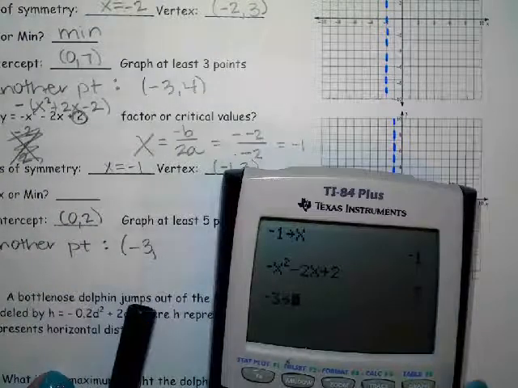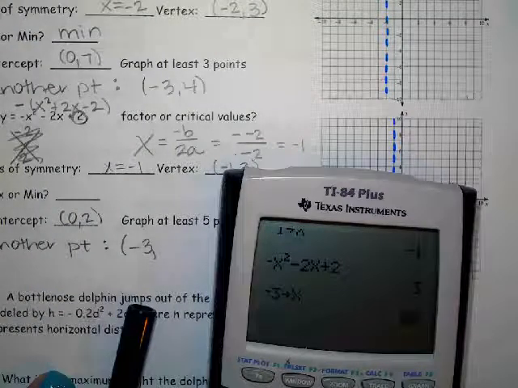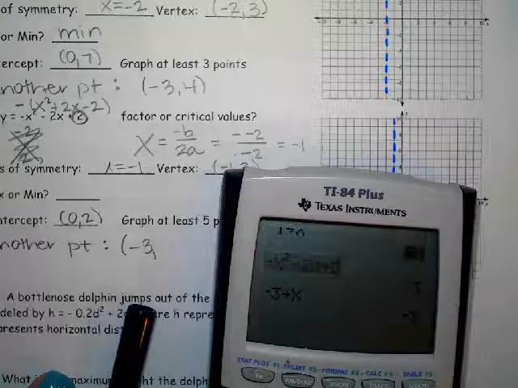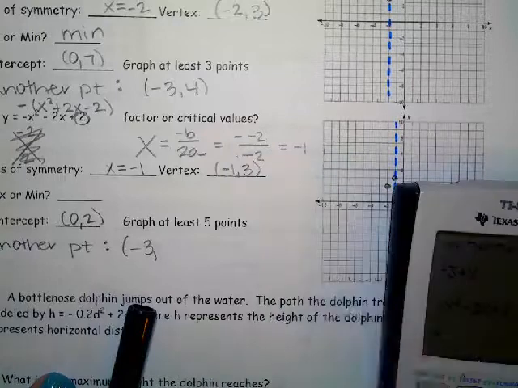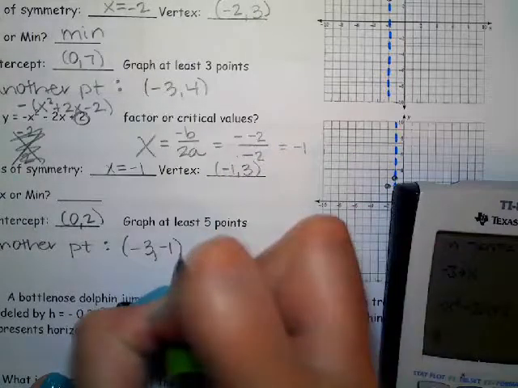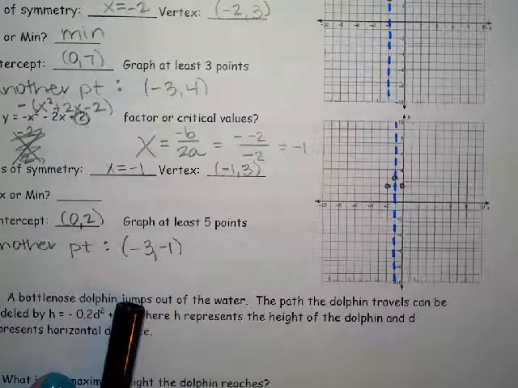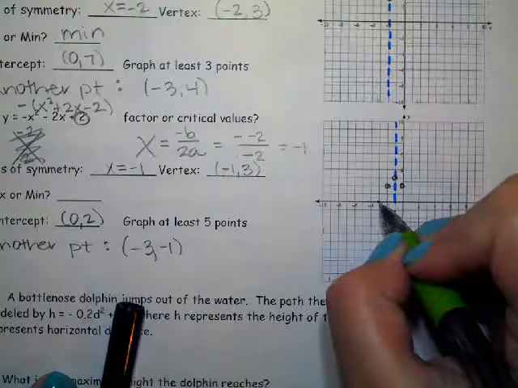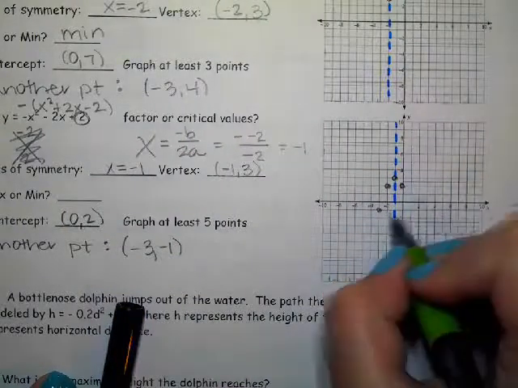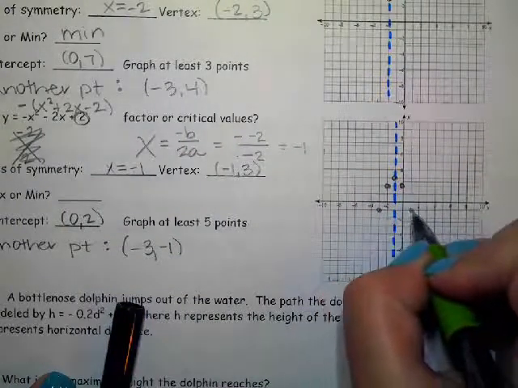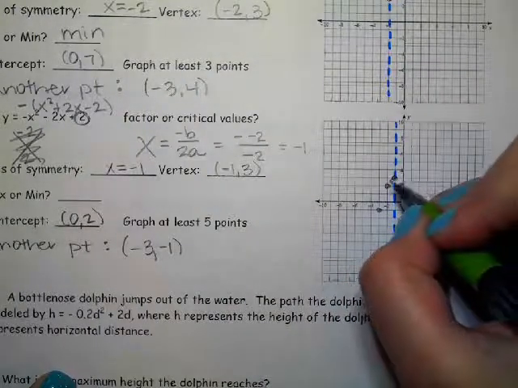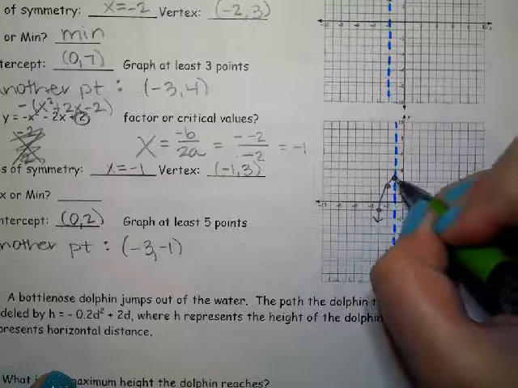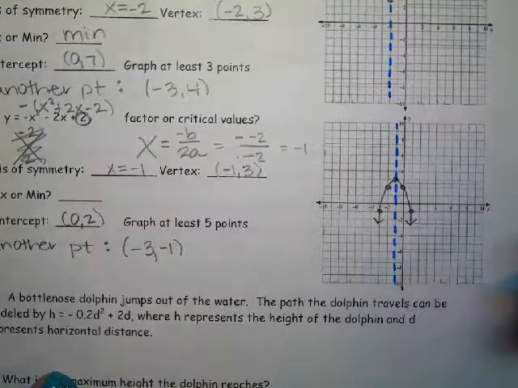Oh, -1 is the output. Gotcha. Okay. -3, -1, and then we can reflect that over. Okay. Is the vertex a max or a min? Max.